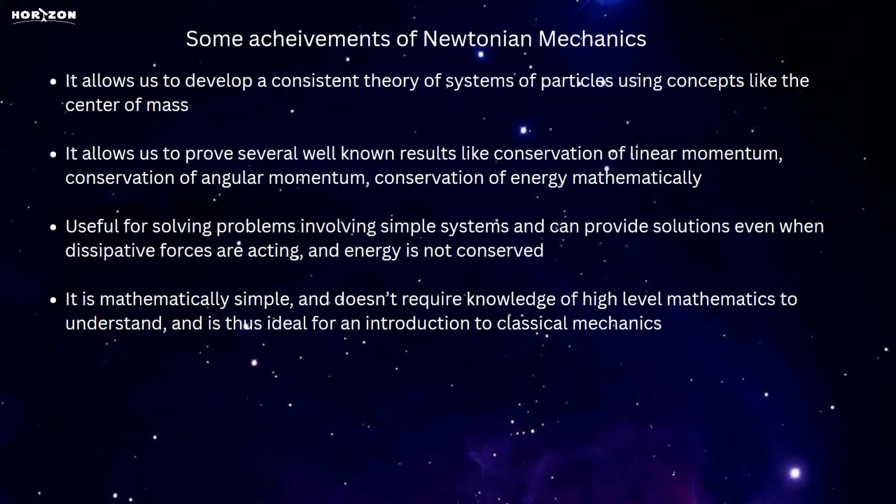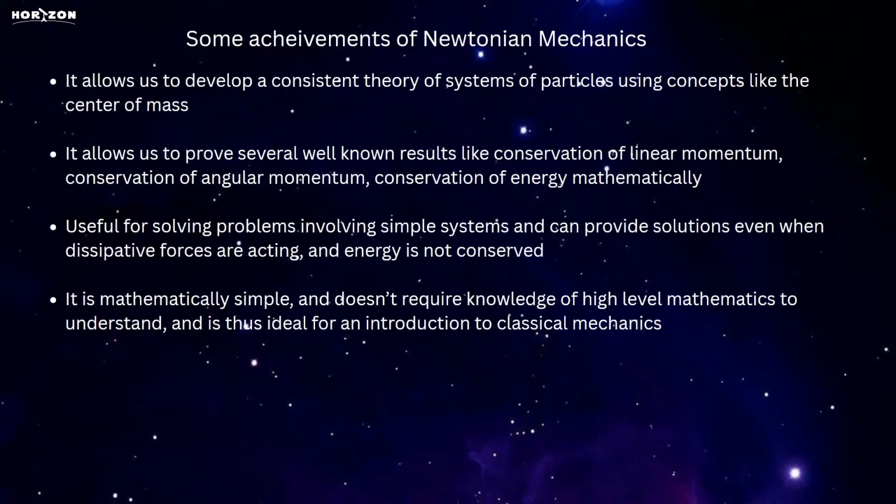Newtonian mechanics then helps us prove several well-known results like conservation of linear momentum, conservation of angular momentum, as well as conservation of energy mathematically. For example, take conservation of linear momentum. We know that linear momentum is conserved when there is no net external force. How do we see that mathematically?